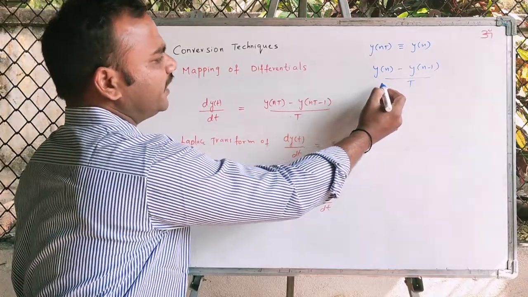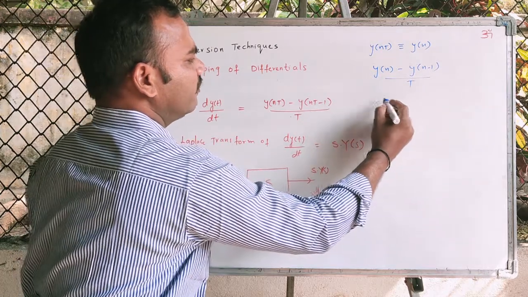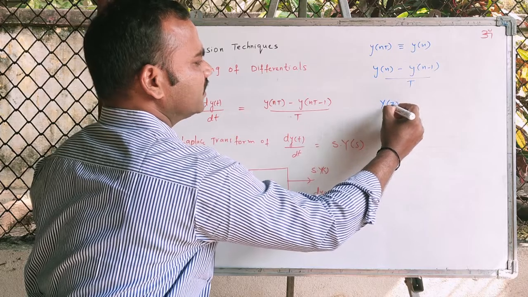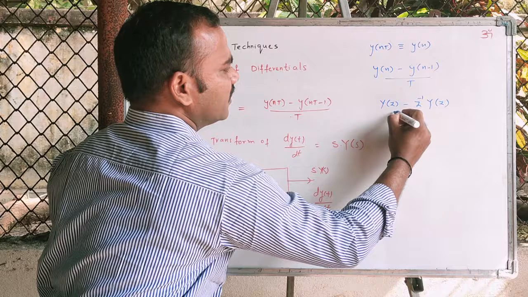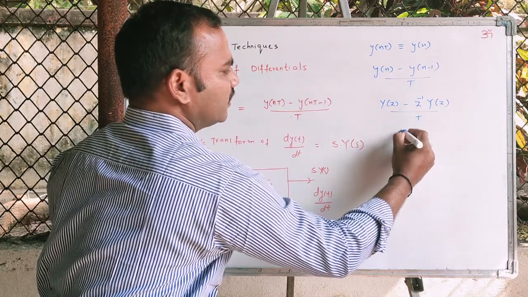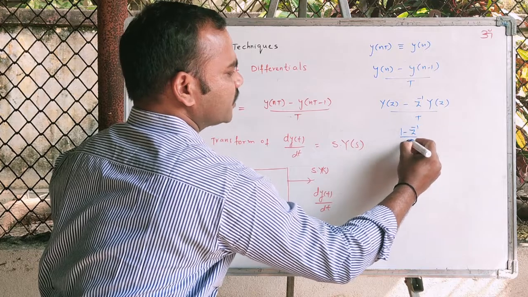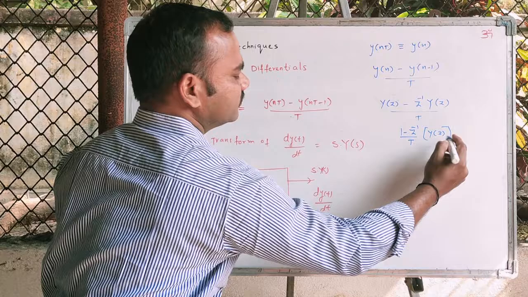Now, if we take the Z transform of this difference equation, we will get (Y(z) minus z power minus 1 Y(z)) by T. Now, take Y(z) common. So, (1 minus z power minus 1) by T times Y(z).